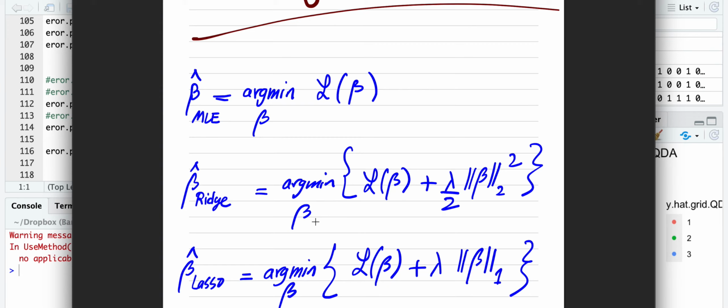Therefore, we will find the model that fits the data well, and typically the most complex model fits the data better. The same applies to lasso.